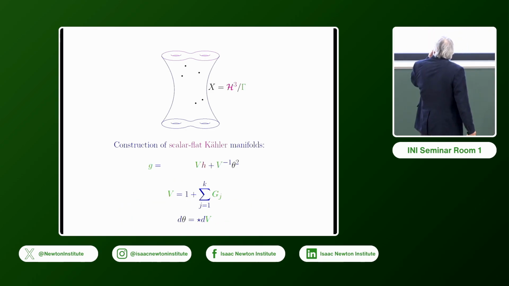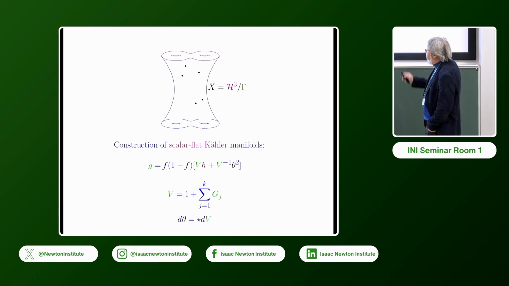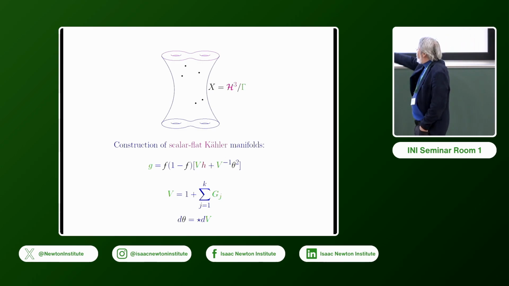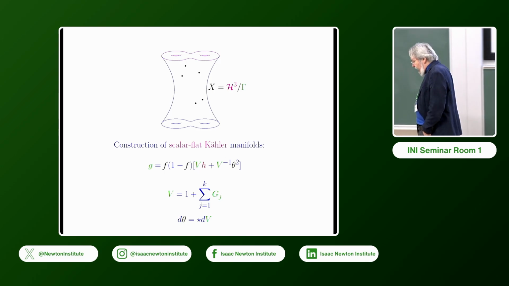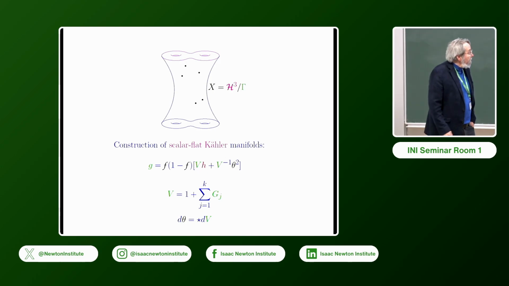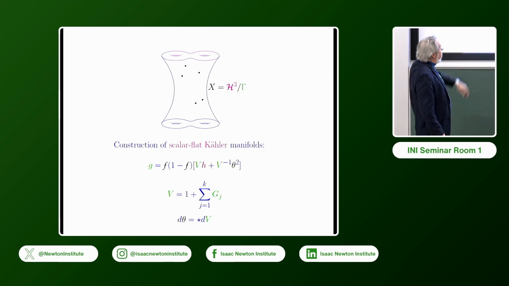All right, so now one goes through. There's a particular conformal factor again. Now we want to take V H plus V inverse theta squared with a specific conformal factor that is f times 1 minus f. So that's a function which vanishes at both ends.